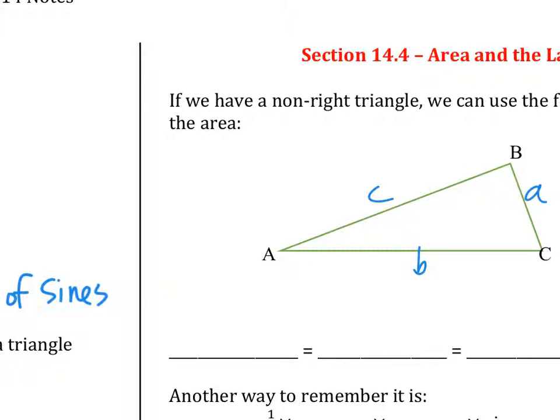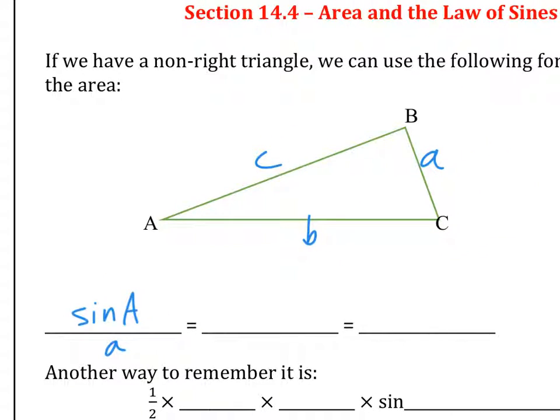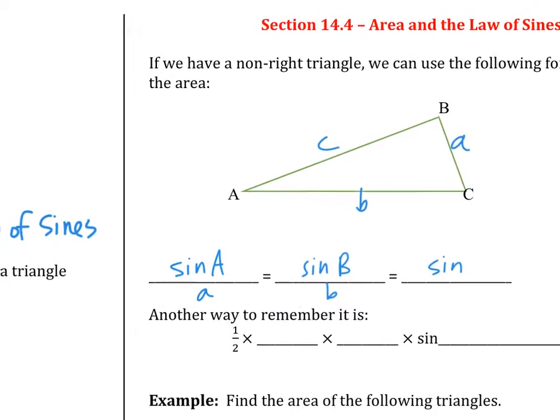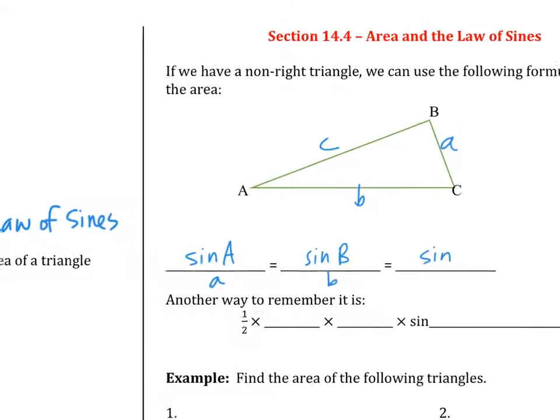Consequently, basically the ratio of sine of an angle and its opposite side, so meaning something like sine A over side a, that ratio is the same in the whole triangle. So sine angle A over its opposite side is the same as sine angle B over its opposite side. It's the same as sine C over its opposite side, but I think I labeled this wrong.